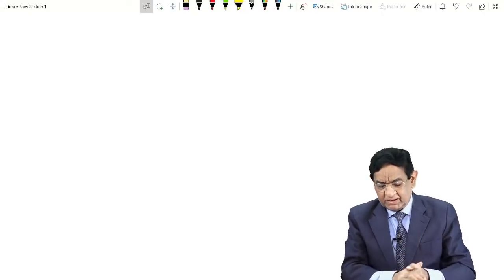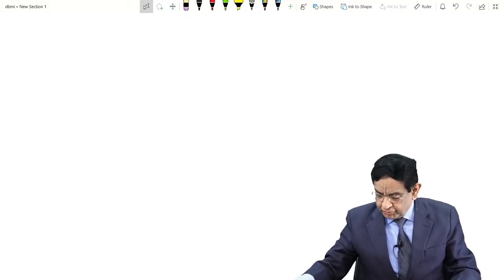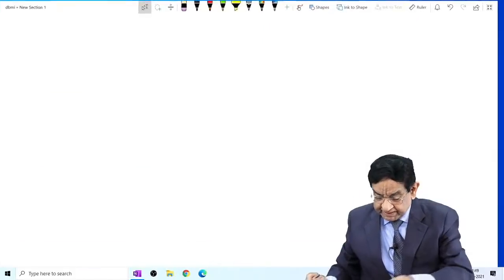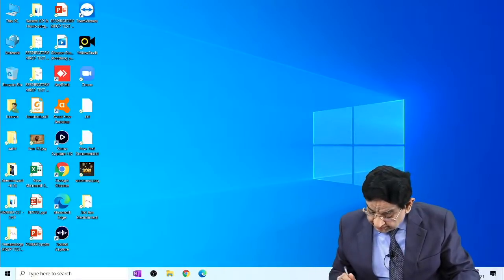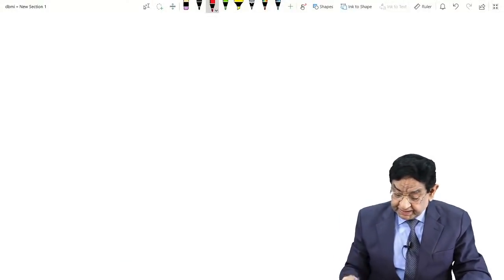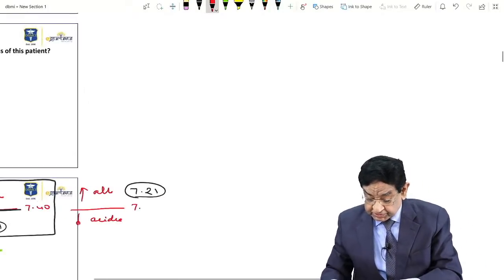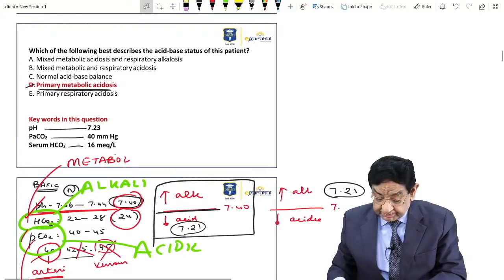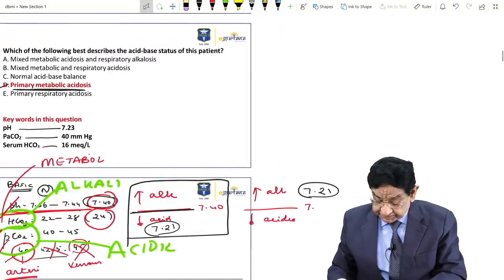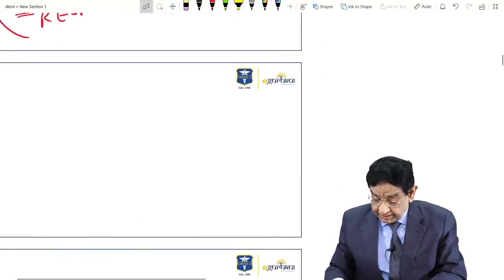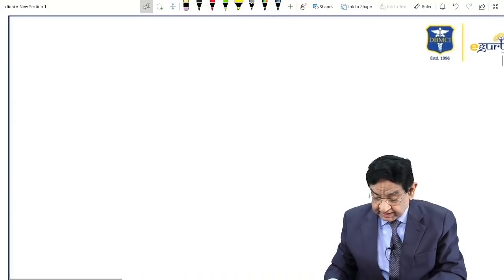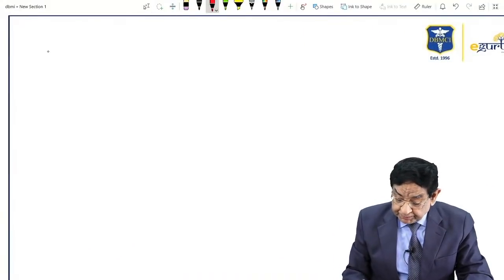With this background, we move on to the basic concept of how acidosis and alkalosis occur in the body. The basic concept is like this. Suppose there is increased CO2.